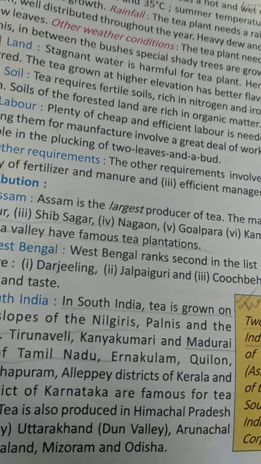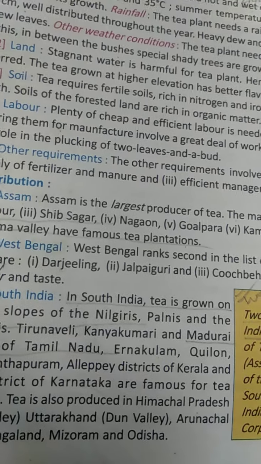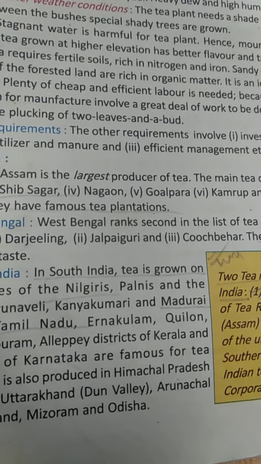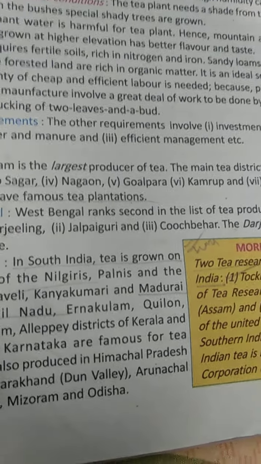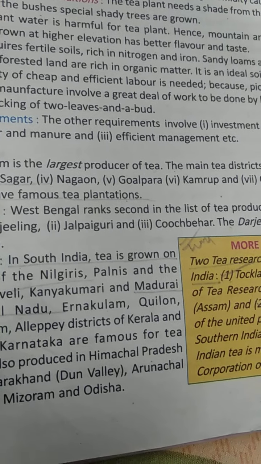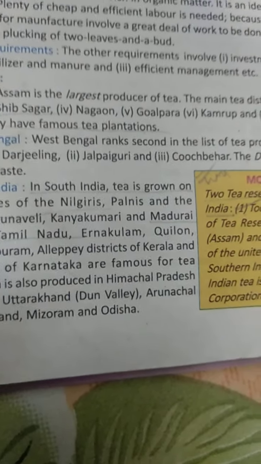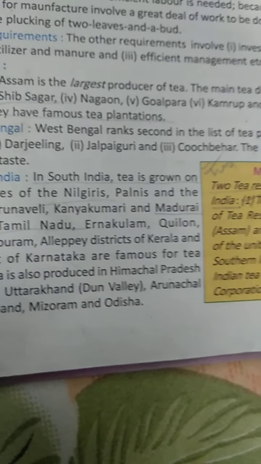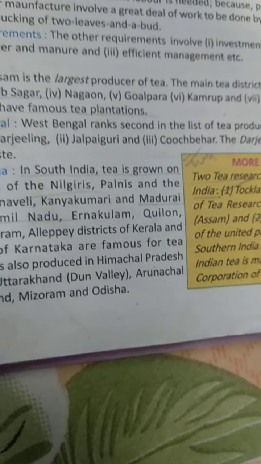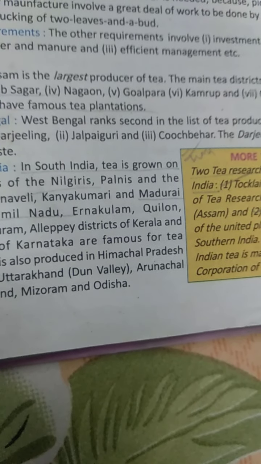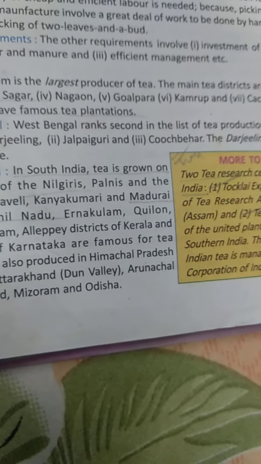In some places of Himachal Pradesh and Uttarakhand, Doon Valley and Kangra Valley, tea is also grown. In Kangra and Doon, they make tea differently from other parts of India, and they have their own way of drinking tea. Not only this, in Arunachal Pradesh, Nagaland, Mizoram and Orissa, the hilly areas also have tea plantation in a little amount.